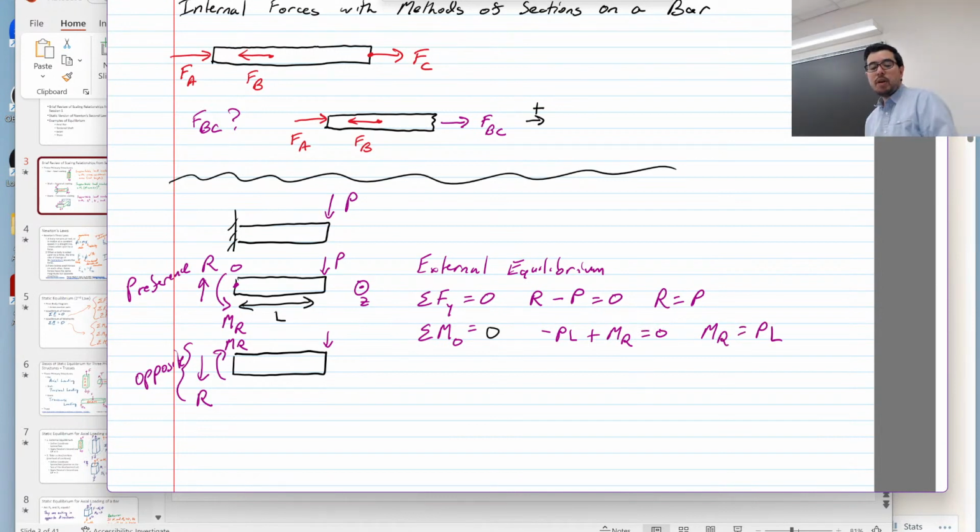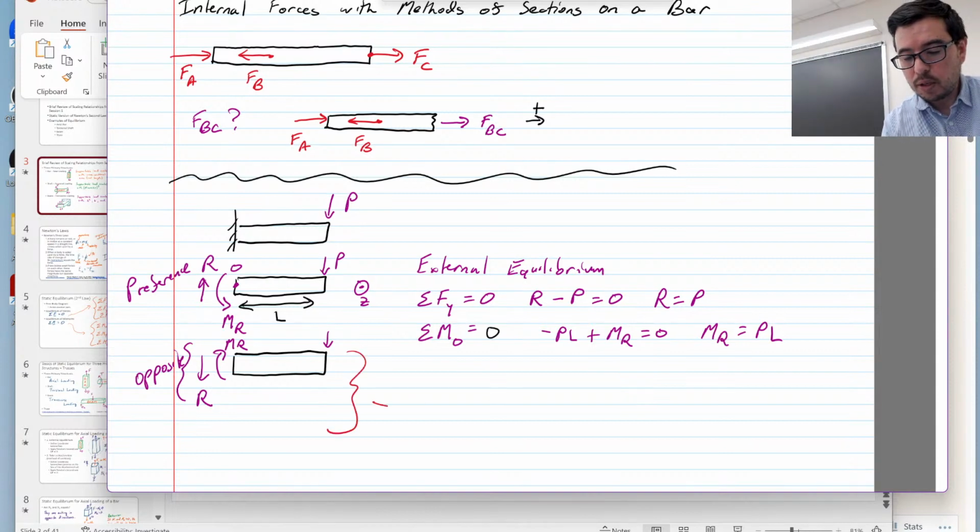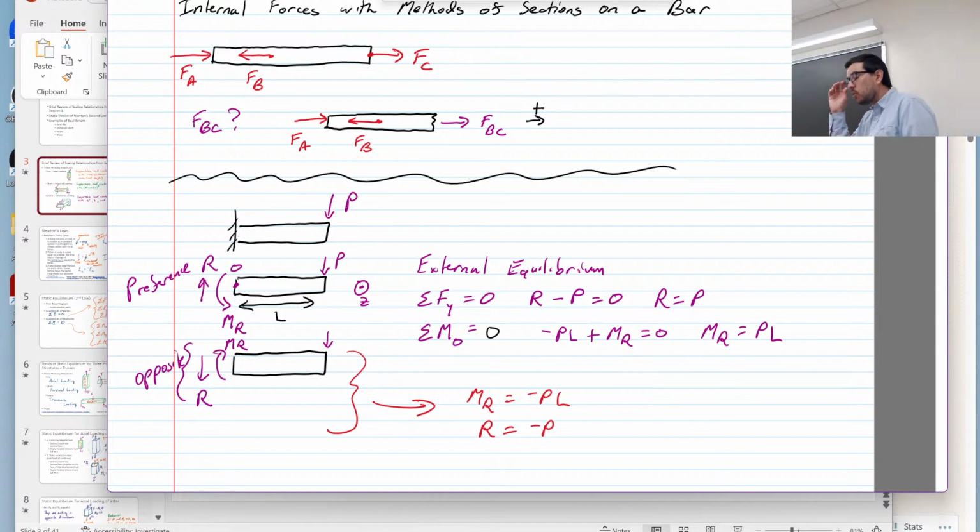But if I do the opposite, the one below it, my MR will be negative of what I have there. I'll have a minus PL, and a minus P for R. If I do this one, it would give me MR equal to minus PL, and R equal to minus P. So with external moments and external forces, you get to choose, but usually you guess appropriately.